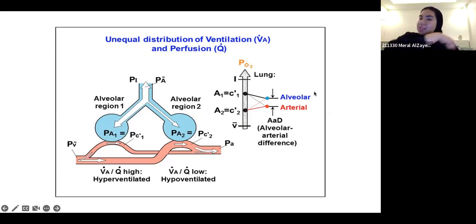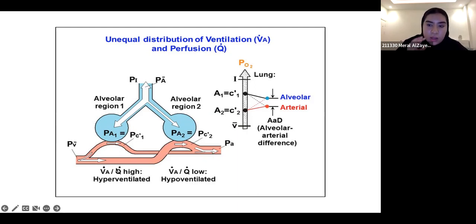Okay, and if you understand this, in my opinion, the majority of the exam will come from here. Okay, so let me first start by talking about alveolar region 1 and 2. Okay, in alveolar region 1, there's more ventilation and less perfusion, giving us a high VQ ratio, okay.